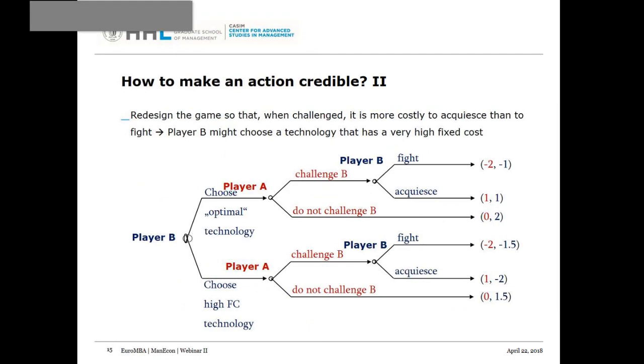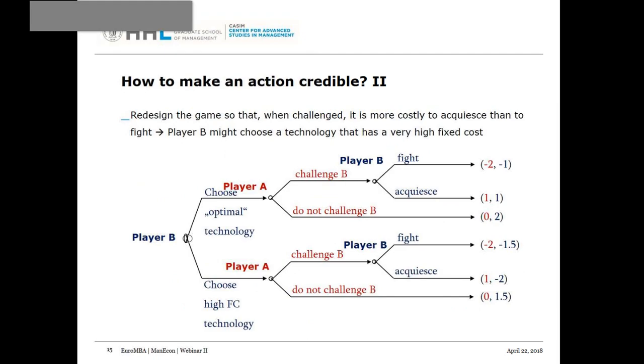For the lower part, the things that changed are the payoffs of firm B, because by introducing the very high fixed cost technology, it does not change the incentives of player A, so the red numbers stay the same, but it changes the payoffs for player B. So I subtract some numbers, like you subtracted some values. Here, it's not really about the values, it's more about the way of organizing your ideas and structuring them.